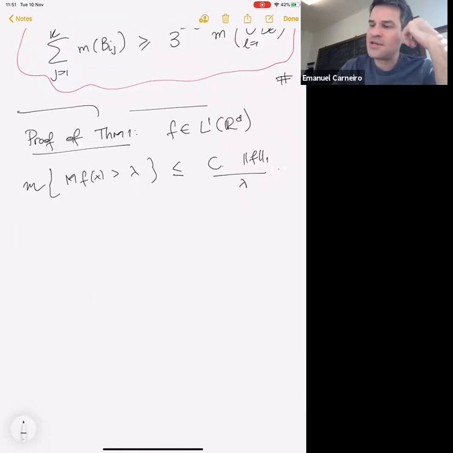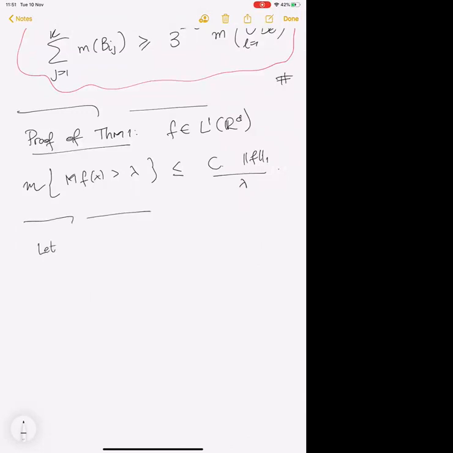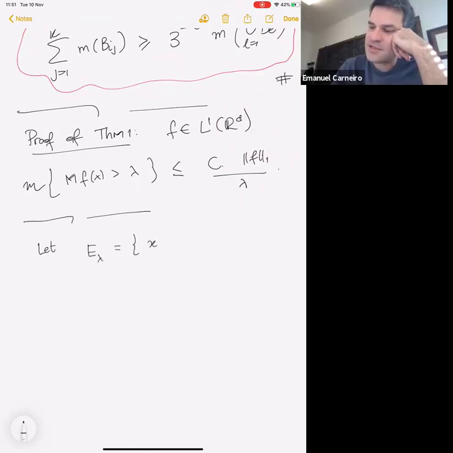So let's call this set, this is what we wanted to prove, let E lambda be this set here. This is x belonging to R^d, such that Mf of x is bigger than lambda.